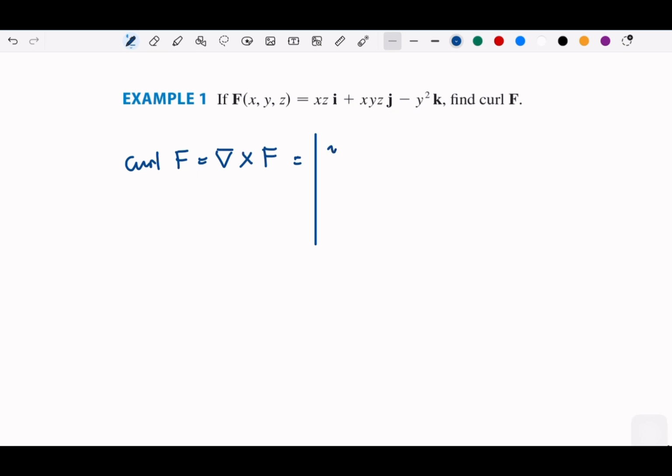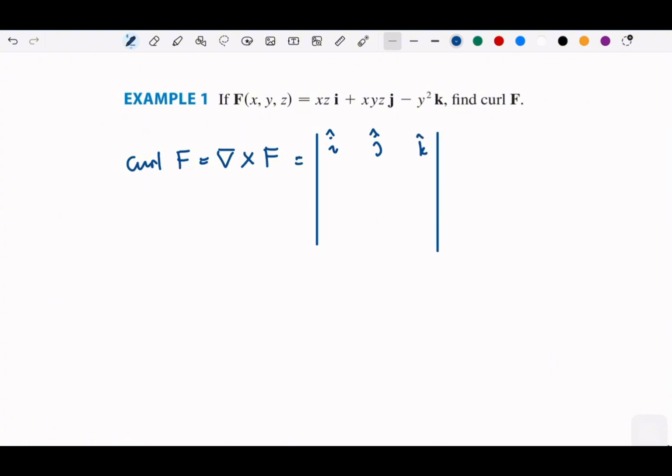Because we learned matrices in the first half of the lecture, I hope you are familiar with the determinant. So the del operator will be the partial, without the function. And then this will be P, Q, R, which is xz, xyz, and then minus y squared. Basically we are doing the 3x3 determinant.